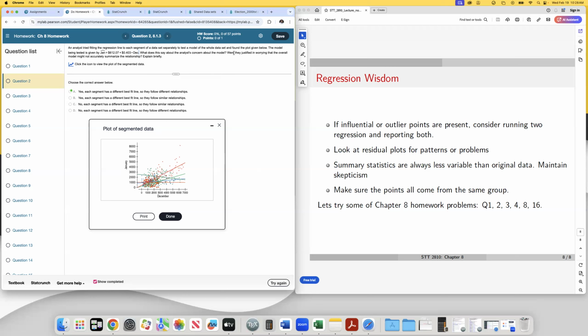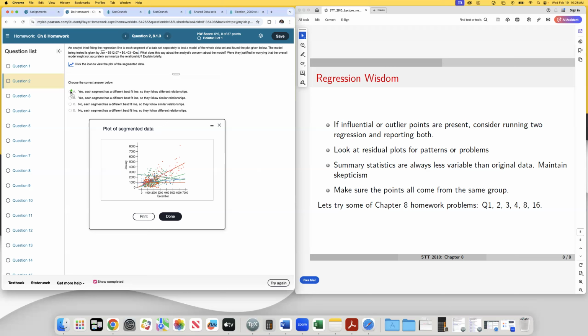So yes, they were worried. It's true that the overall model might not be able to summarize the relationship because each segment has a different best fit line and also different relationships. This is positive, this is negative, this is also positive. So that is true.